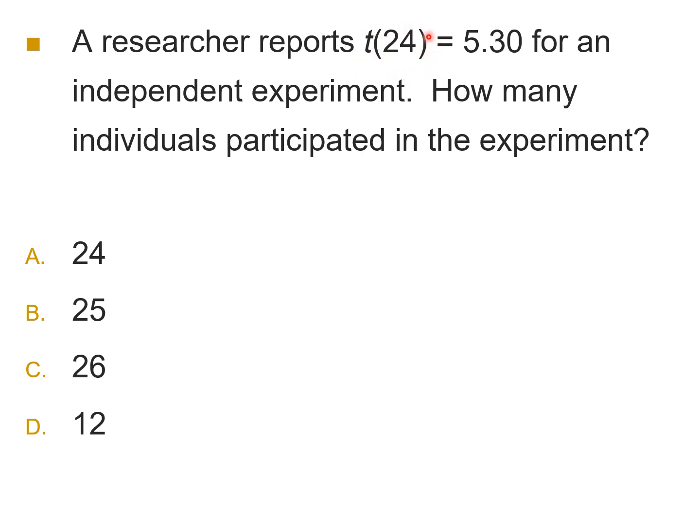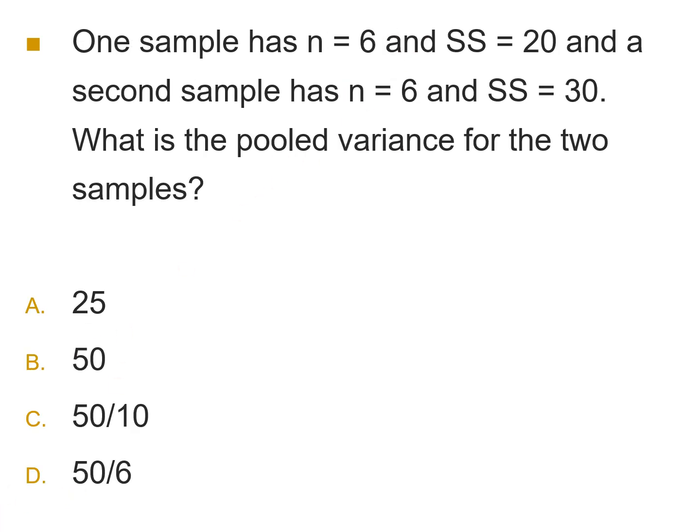So that means if this is our degrees of freedom, then we have to know our sample size was 26. We don't know how many were in each sample. All we know is that n minus 1 plus n minus 1 equals 24. So working backwards, our sample size has to be 26 if our degrees of freedom is 24. Again, it would help to look back at your equation to know for sure.